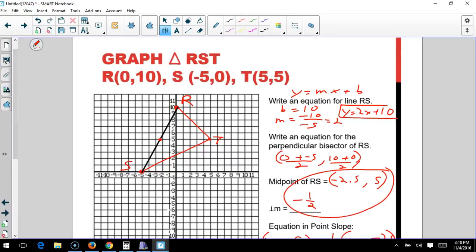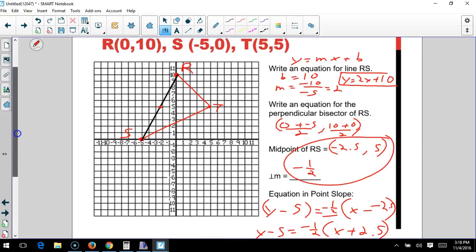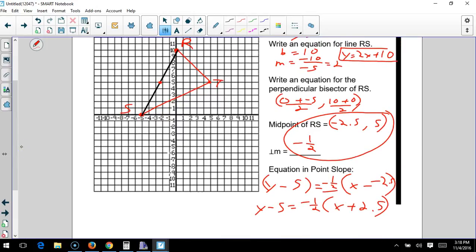And that will be the equation for the perpendicular line. And if we want to, we could draw the perpendicular line by going from the midpoint and going down 1, right 2. So down from 5 to 4, and right 2.